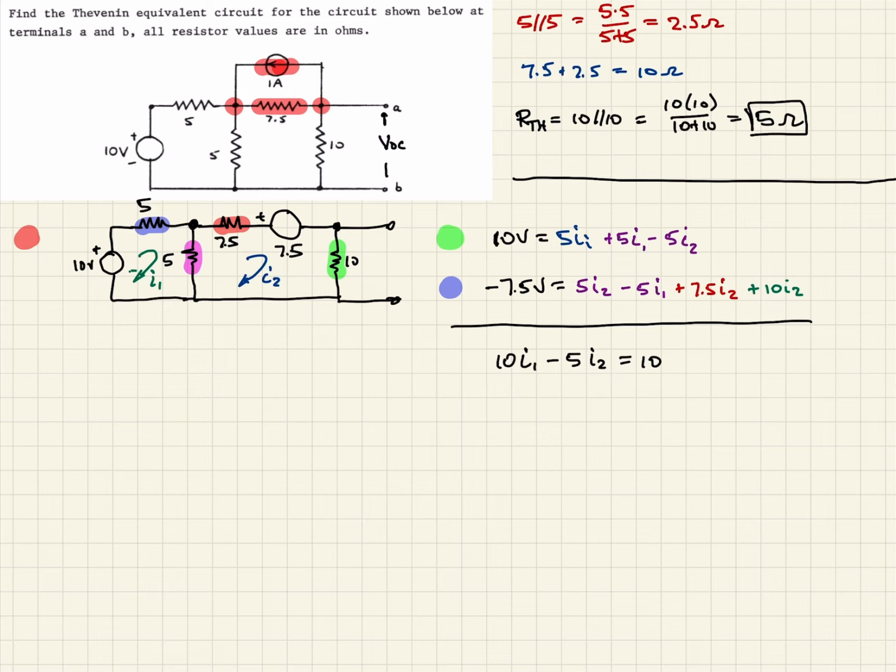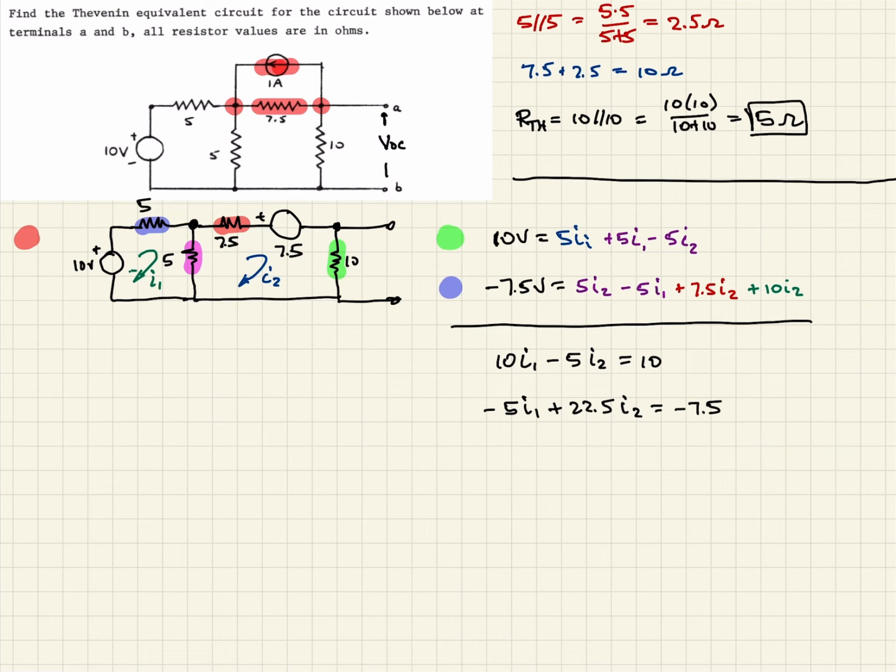And then below that, we should have minus 5I1, and we should have plus 22.5 I2, and that should equal negative 7.5. So now we have two equations, two unknowns. There are several different ways to solve that. You can use algebraic substitution. You can use linear algebra with matrices analysis, whichever of those you want to do.